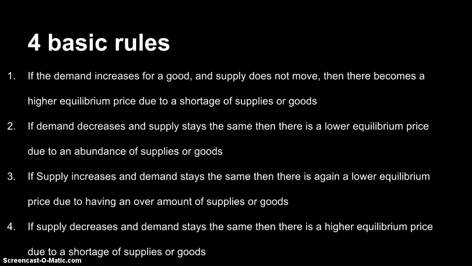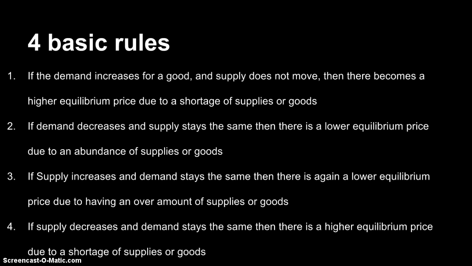If supply increases and demand stays the same, then there's again a lower equilibrium price due to having an over amount of supplies or goods. Again, there's more supplies than there is demand, so they're trying to balance it out so the price goes down. It's just from the reverse perspective.